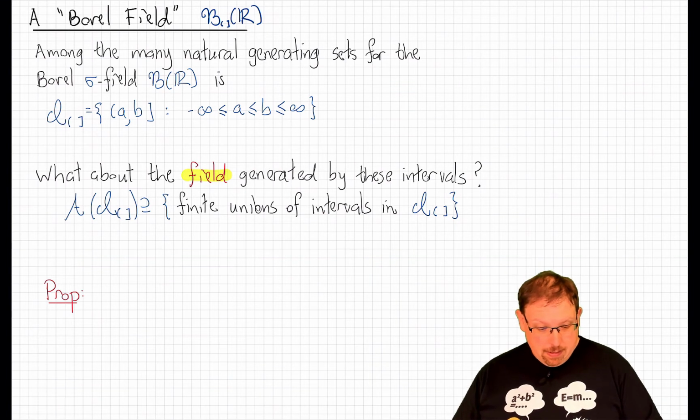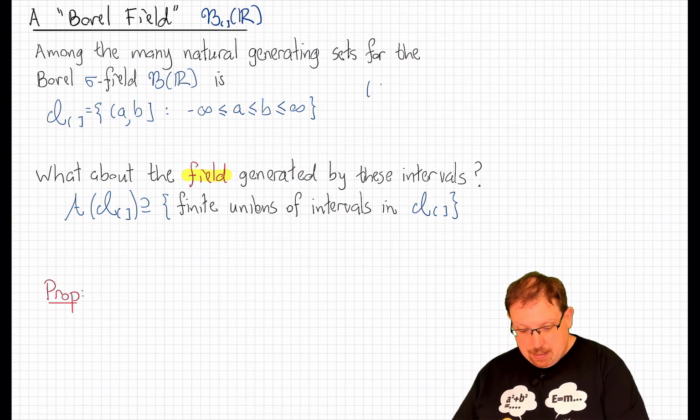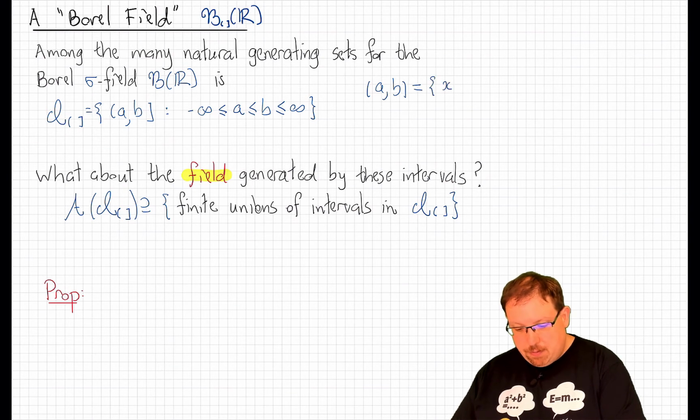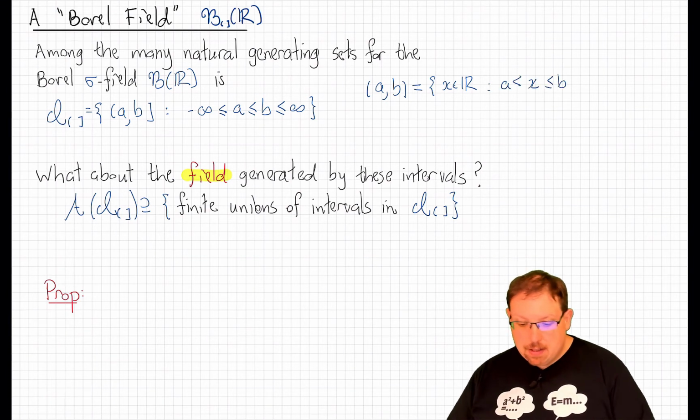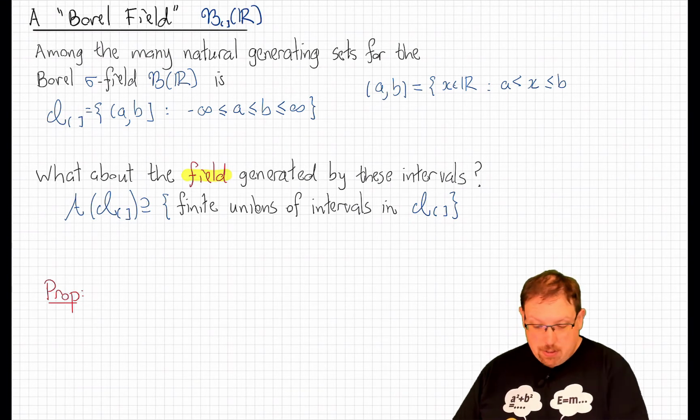Why is that? Because this set, open a up to closed b, means the set of all real numbers that are strictly greater than a, but less than or equal to b. If a equals b, there are no such numbers.